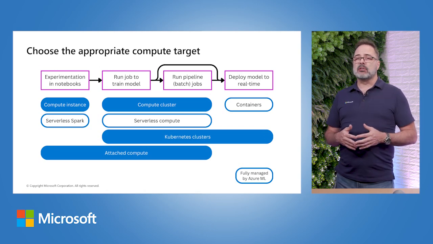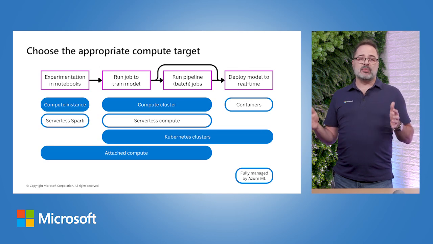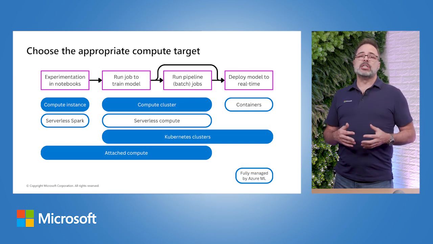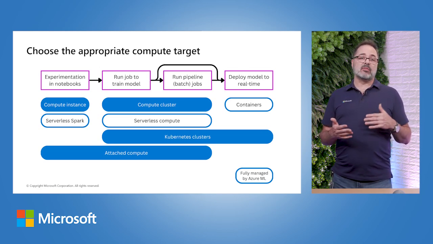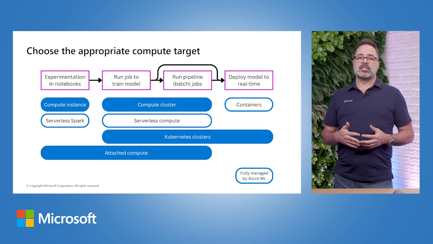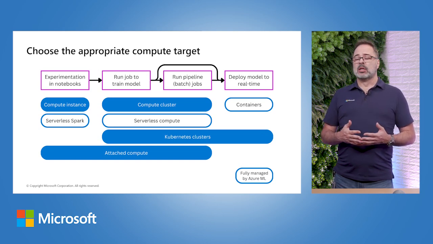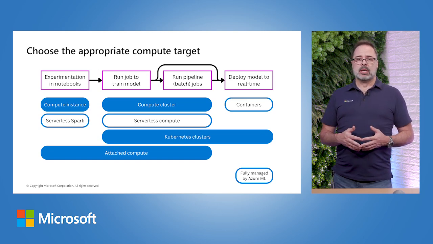This makes sense considering model training is typically done with larger amounts of data. And by using a multi-node environment that can scale and take advantage of parallel processing, we can process our data much faster. We can also use serverless compute to accomplish the tasks of doing model training or doing pipeline jobs.